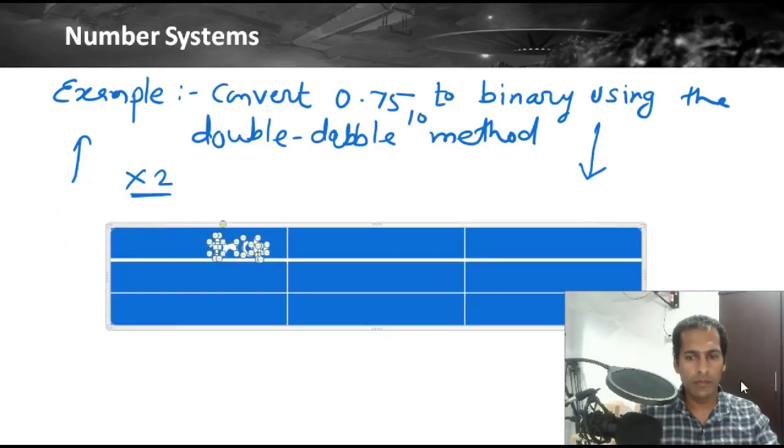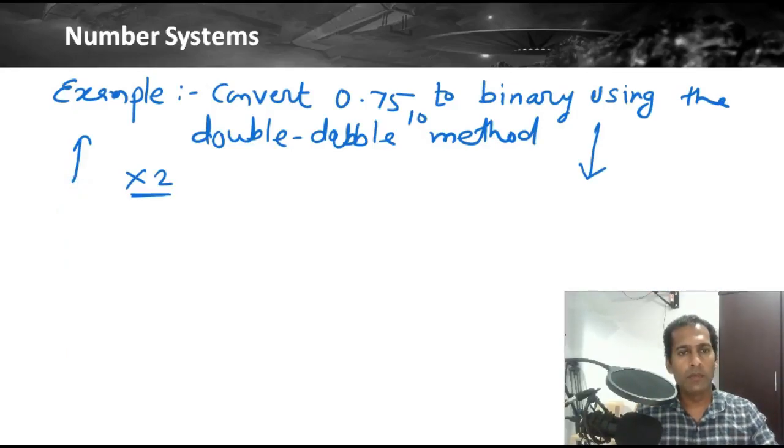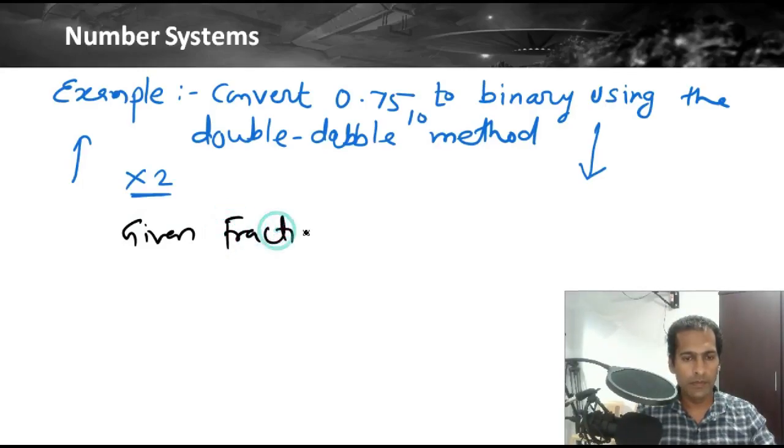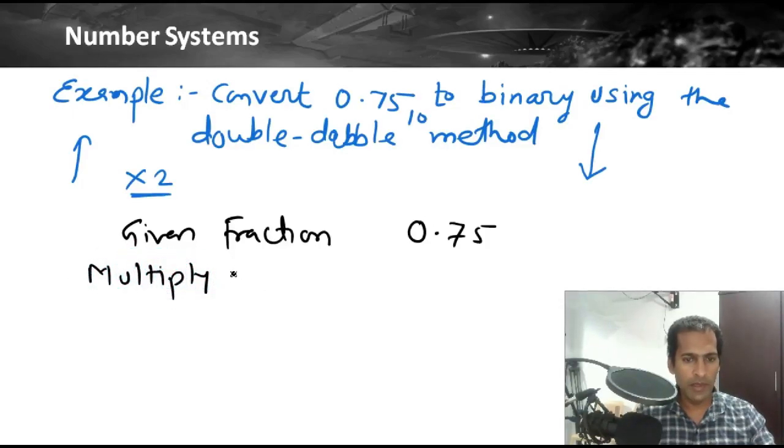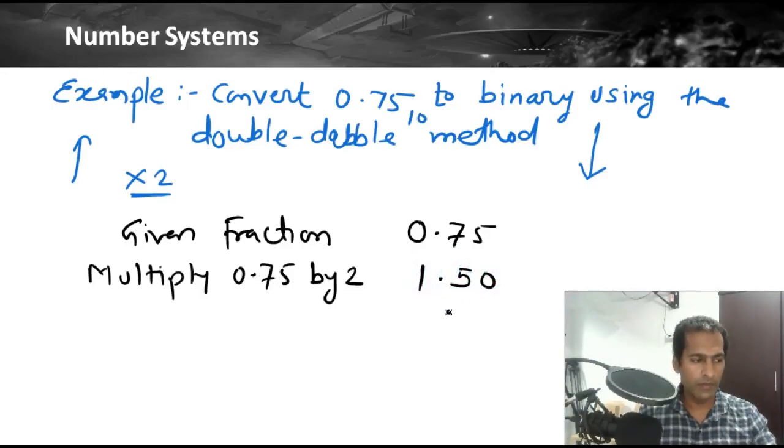First we write down the given fraction, which is 0.75. Then we multiply this fraction by 2, and we get 1.50.